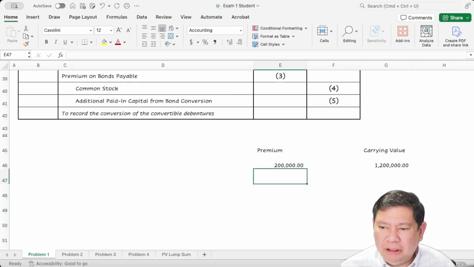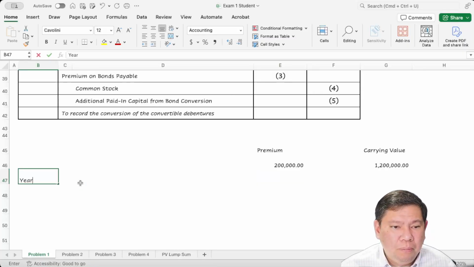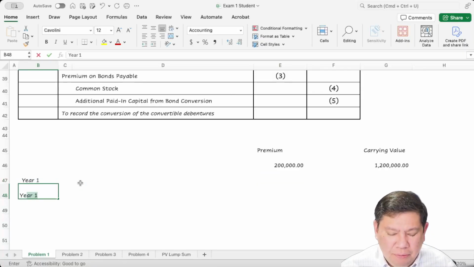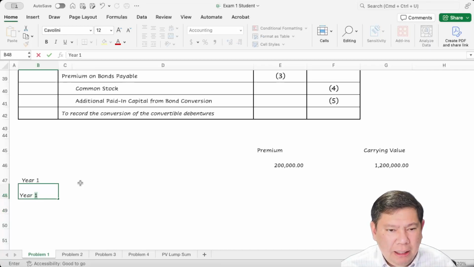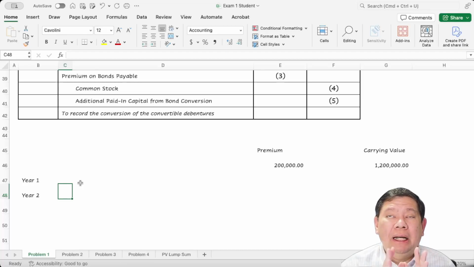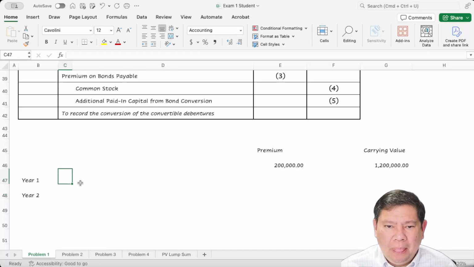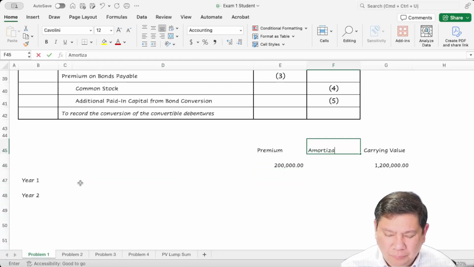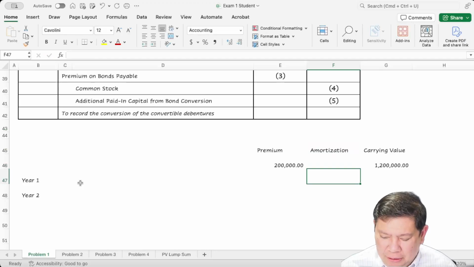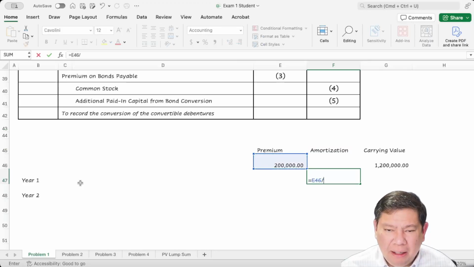This is for year 1, and this is for year 2. We just need 2 years, because by the beginning of year 3, January 1st, the 10% bondholders exercise their option. So the amortization is 200,000 divided by 5.